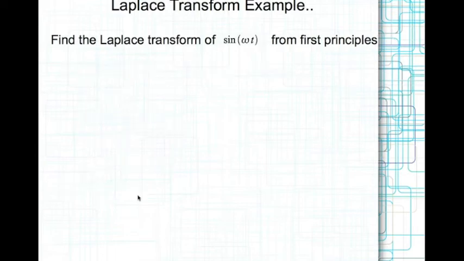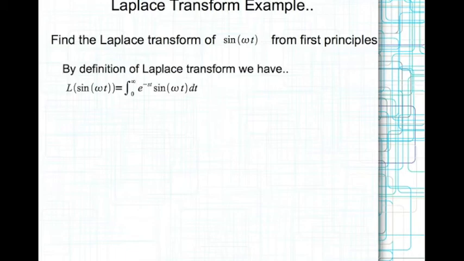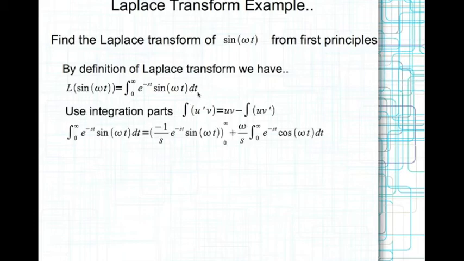This is a little bit more complex example, and we're going to look at Laplace transform of sine of omega t. By definition, again, Laplace of sine omega t is integral 0 to infinity e to the power of minus st sine omega t dt. Now we'll use integration by parts. Here u dash is e to the power of minus st and v is sine omega t.